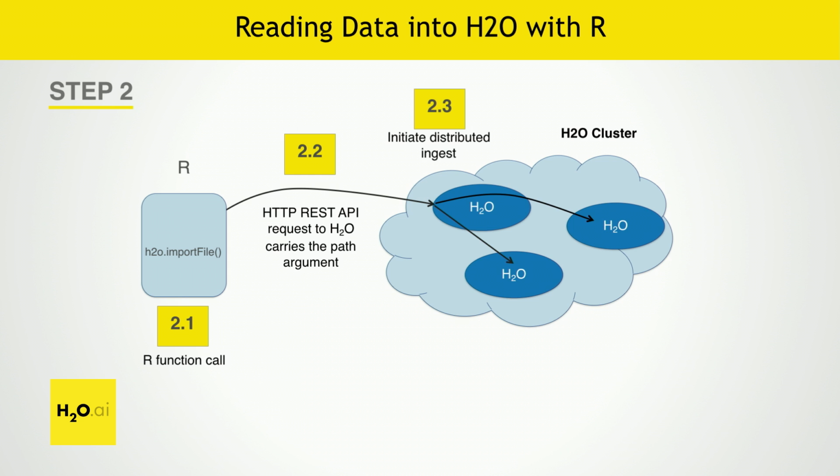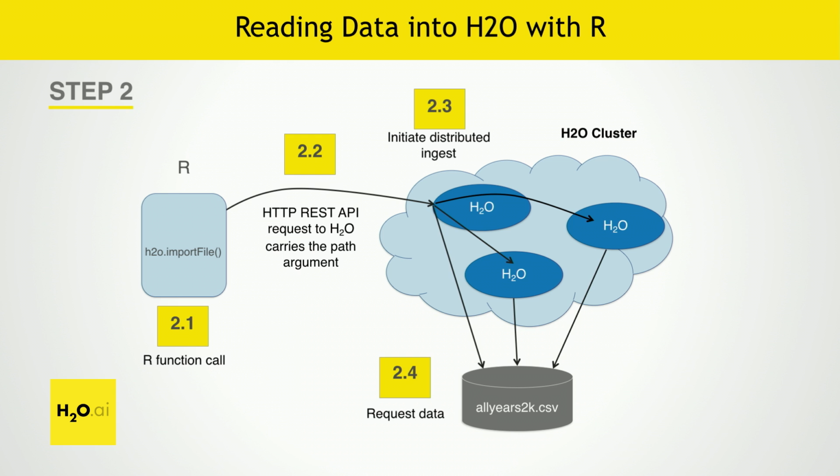It hits the H2O instance that you're connected to, and subsequently it distributes out to the rest of the peer nodes. All H2O nodes are peer nodes. It doesn't matter which H2O instance you connect to. It will know to distribute the tasks amongst the other peer nodes. And then they'll all go into HDFS or S3 and grab the data.